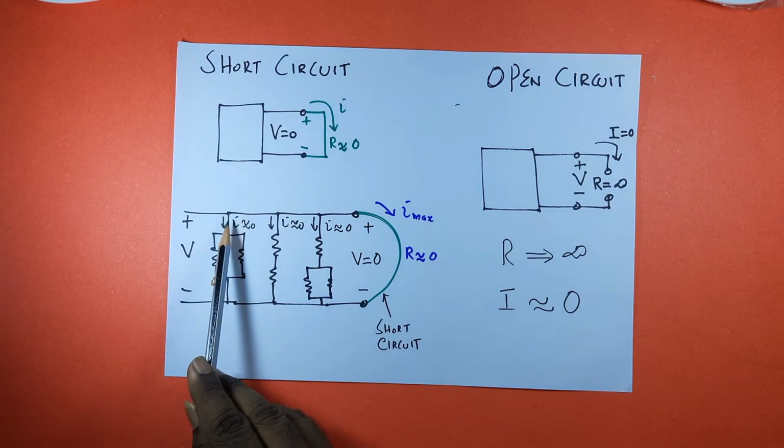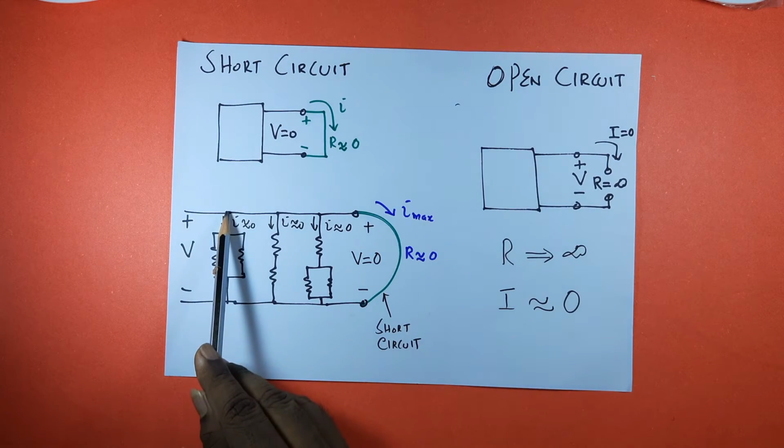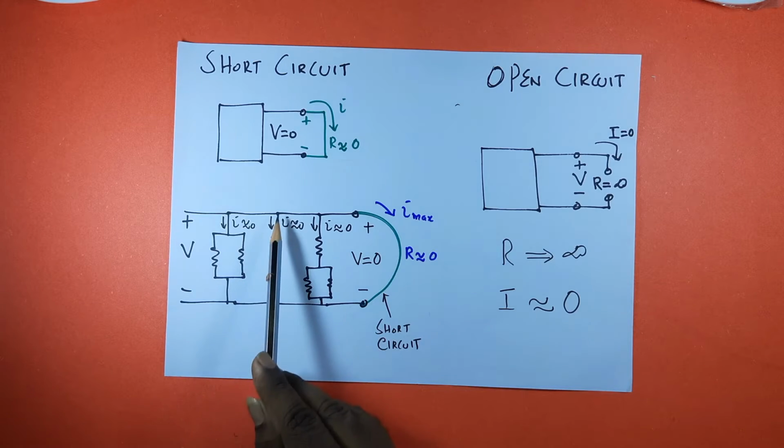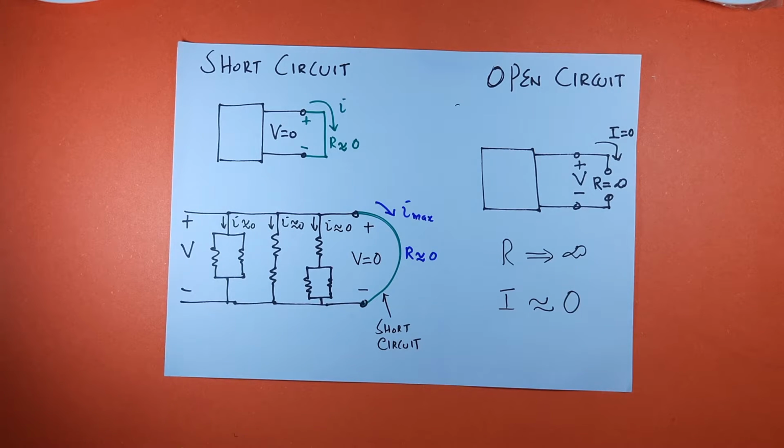That means there won't be any current flowing through the branches. So we have one branch here, we have another branch here, we have another branch here. The current flowing through these branches is almost zero, and the maximum current will flow through the short circuit.